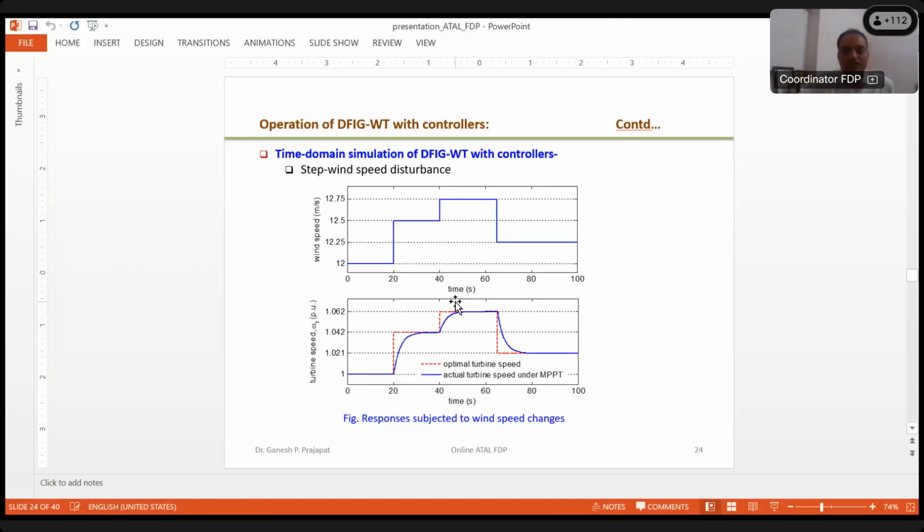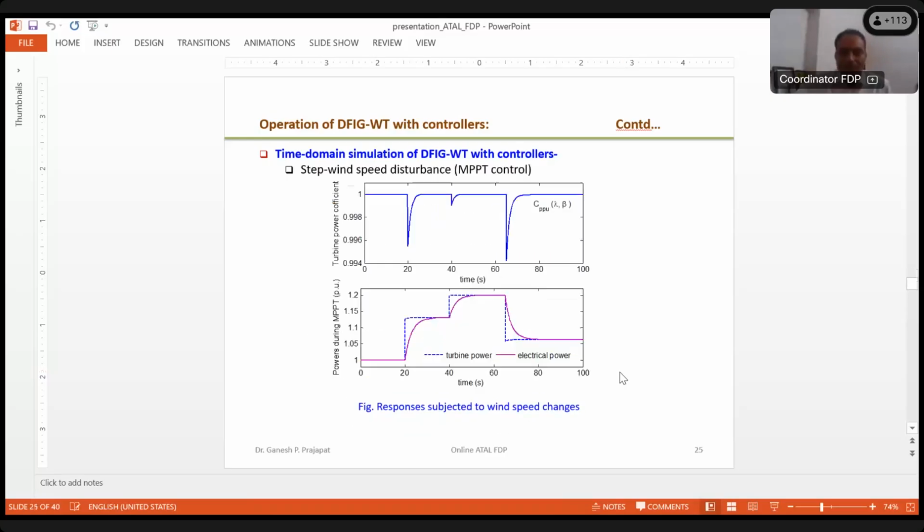As soon as the wind speed changes, the optimal value of the turbine speed changes, and accordingly this blue one, the real value, keeps tracking that optimal value. So this shows that our MPPT controller, which is incorporated with the generator, is working perfectly, since it is operating the generator at its maximum values.